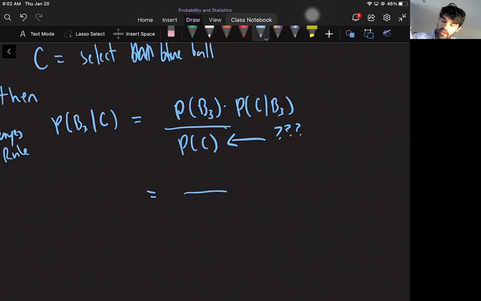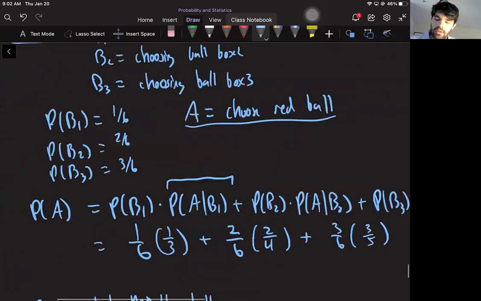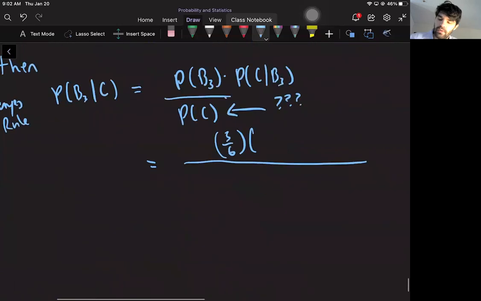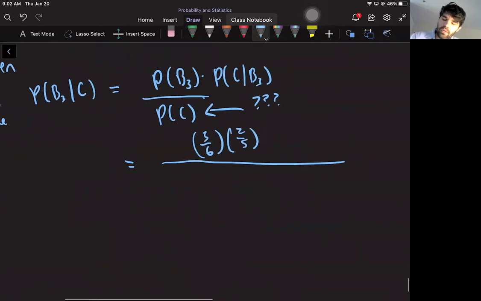Okay, so probability of B3 was 3 out of 6. The probability of selecting a blue ball, if you're already in bucket 3, well, there's 2 out of 5. So that's 2 out of 5. And then on the bottom, we use the law of total probability, like I said.